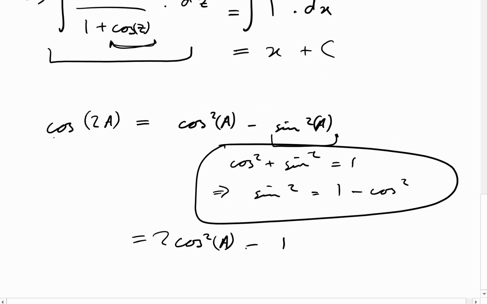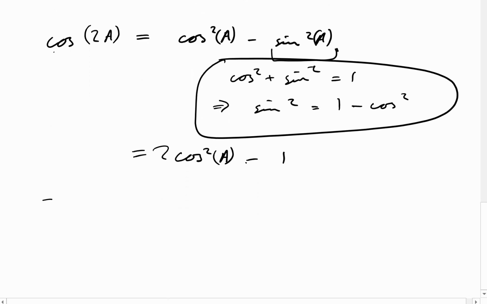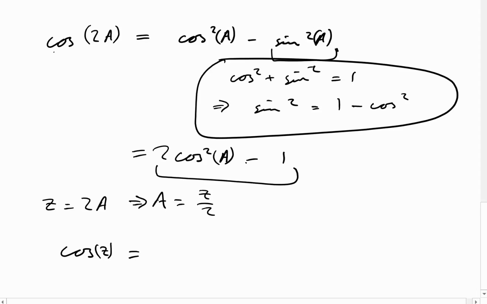Now we just want to make a substitution for cos z, so if we let z equal 2a, then that implies that a is equal to z over 2, right? So I end up with cos z is equal to 2 cos squared of z over 2, minus 1.